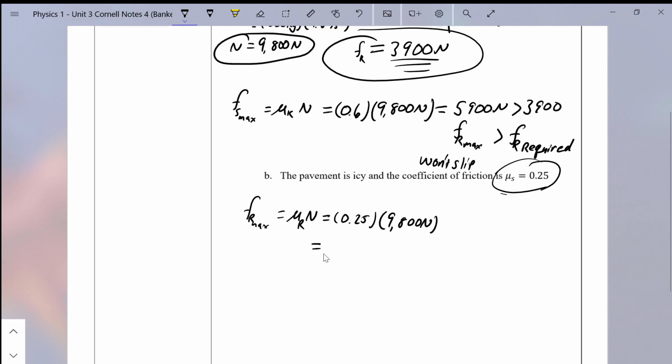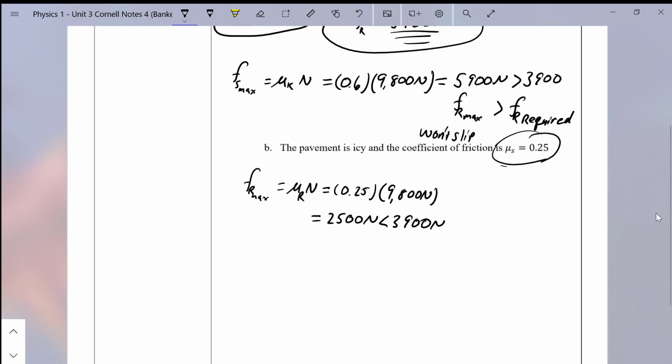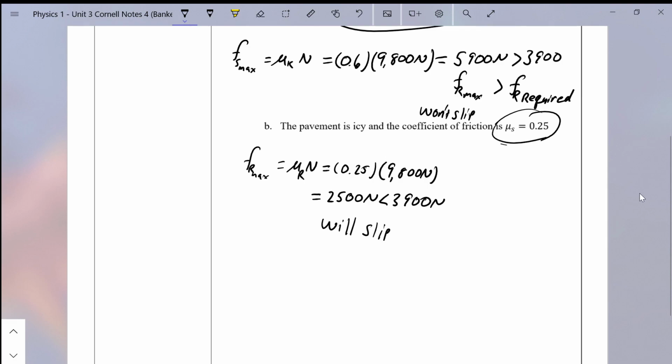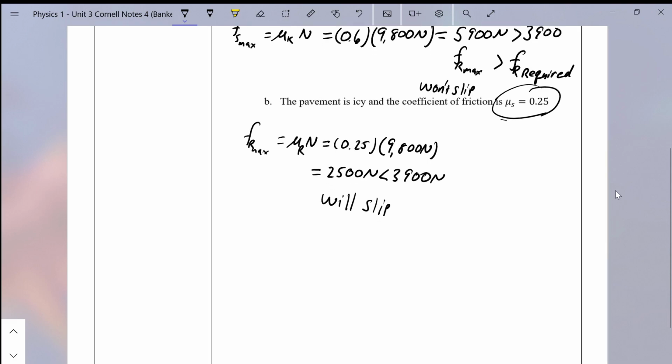And my maximum friction force on the icy surface is, if I plug that in my calculator, about 2,500 newtons. And so that is about 1,400 less than the 3,900 that we need to keep the car moving on the path. And so this will slip, because the maximum friction is less than the required friction.